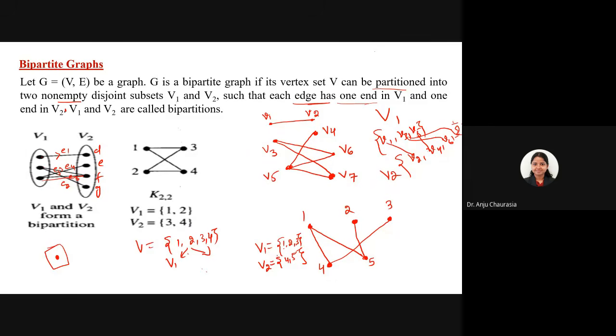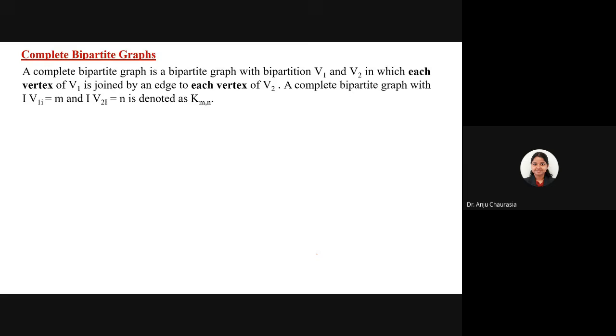Now you can see here 1 and 5 are connected, 3 and 4 are connected, but it is not mandatory here that all vertices of this vertex set should be connected to all vertices of this. Means 2 and 4 are not connected, 3 and 5 are not connected.